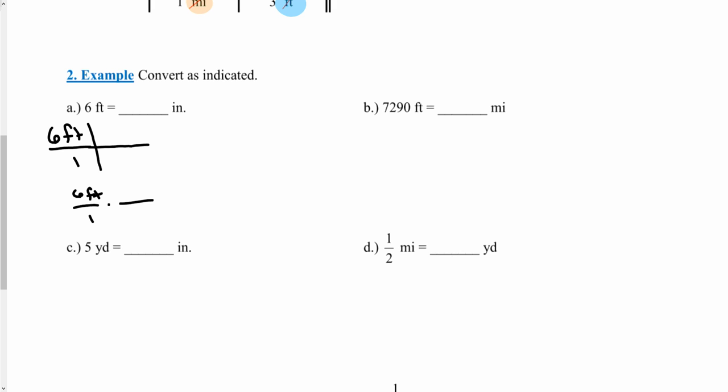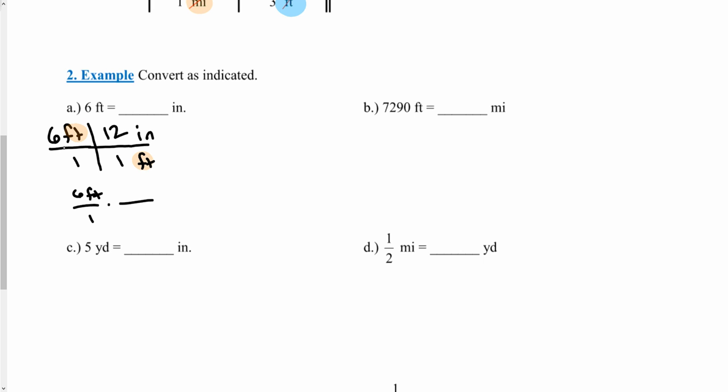Now, if feet is up here in the upper left-hand corner, then that means I need to put feet down here diagonal from it. So I'll go ahead and put feet here next. And I do know how many feet in inches, so I'll put my labels on there. Now that my labels are on there, now I can put some numbers on here: 1 foot and 12 inches.